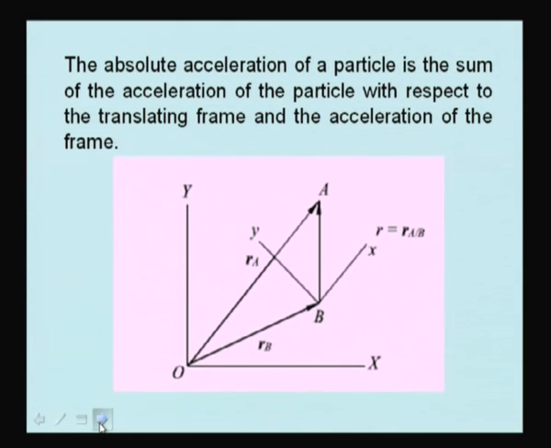Thus, the absolute acceleration of a particle is the sum of the acceleration of the particle with respect to the translating frame and the acceleration of the frame itself, because we can say that a_B is the acceleration of the frame, that means a_B is the acceleration of the origin of the moving reference frame.